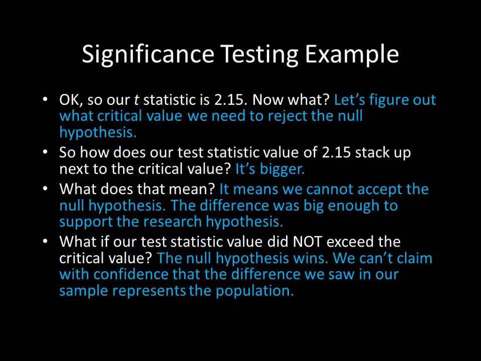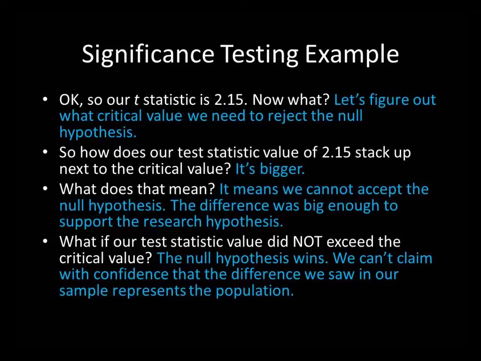And so what if our test statistic value, that 2.15, did not exceed the critical value? Or let's say we got a different test statistic value. We got a 1.5 and our critical value was 1.66. In that case, the null hypothesis wins. It means that we can't claim with confidence that the difference we saw in our sample, remember, managers did have more meetings than non-managers in our sample.